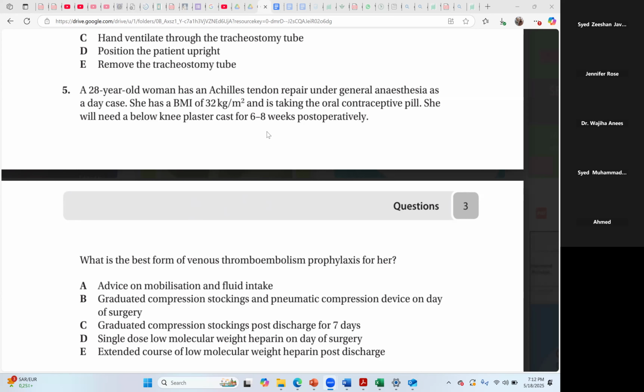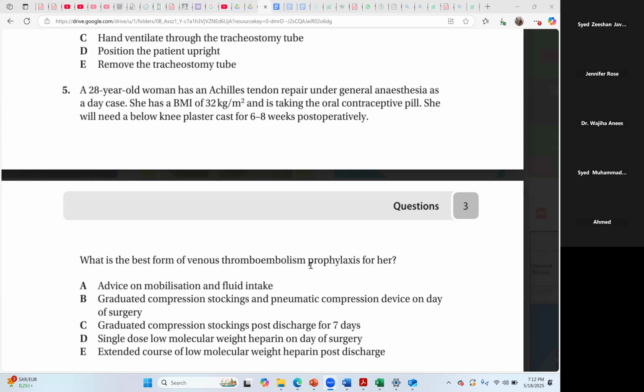What about carcinoma? Cancer surgery. Not cancer surgery, cancer patient. And immobilization because of a number of things.